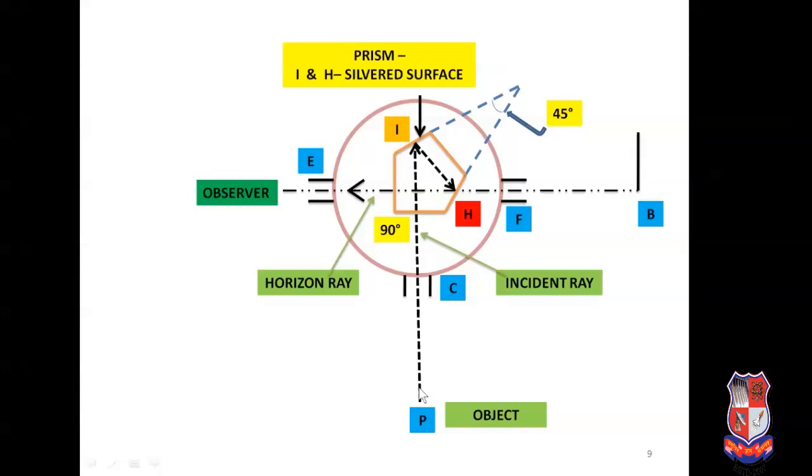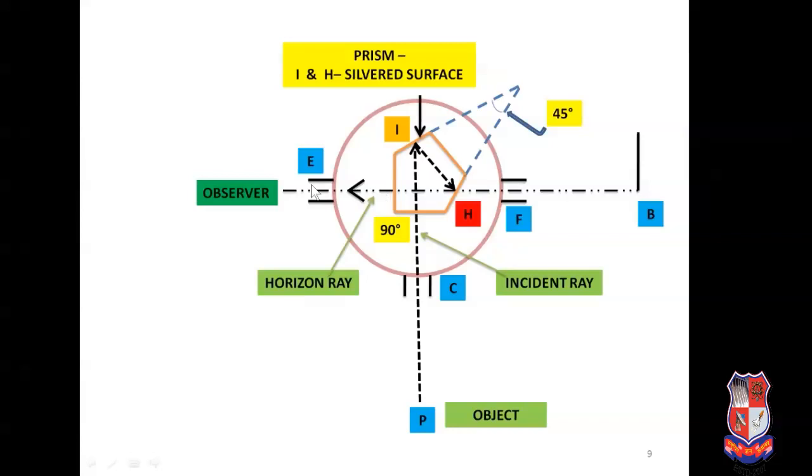So the image of the object will strike first on this I surface of the prism, and that will be reflected at 45 degrees towards the H surface which is facing the slit E, and the object which is reflected here is again reflected towards the eyes of the observer who is looking through the slit E. Now, how to see the ranging rod which is located on the other side, at chain line B? To see the image of the ranging rod B, a hole is provided on the top of the prism.